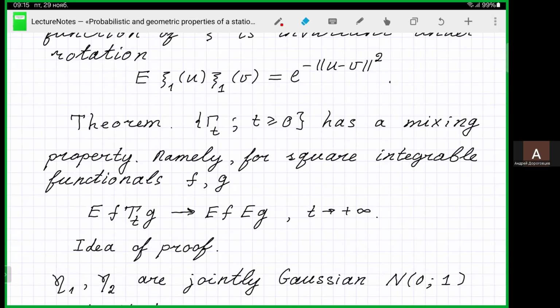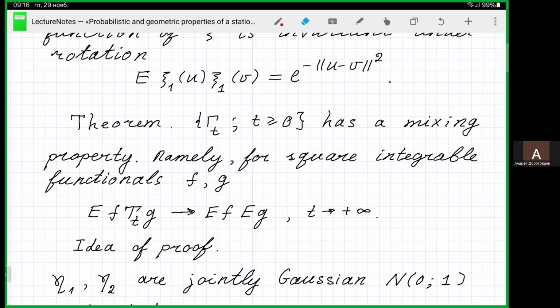You remember that for independent random variables, the expectation of the product is equal to the product of expectations. And for a sequence of independent equidistributed random variables, we have the law of large numbers, namely the average of its first n values goes to the expectation.